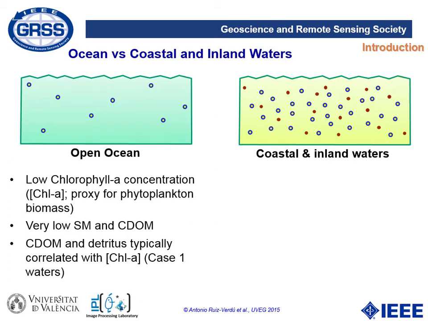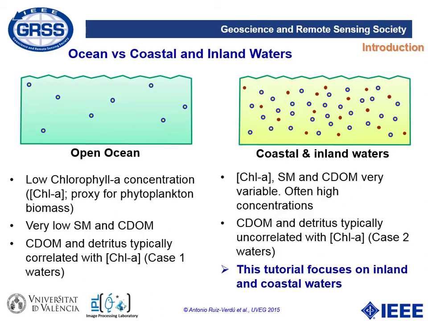This type of waters, in which all the optical active constituents are correlated with chlorophyll concentration, so basically the optical properties are only modified by phytoplankton, are called case 1 waters.